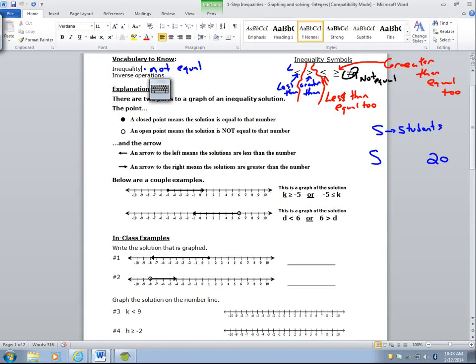So I would say anything greater than or equal to 20, then I would make a profit. You see that? If I was going to lose money, I would have everything from what? What's below 20? 19. So everything less than or equal to 19, I would lose.